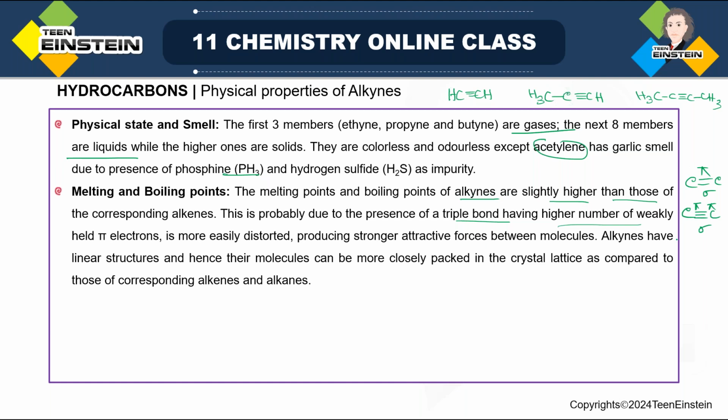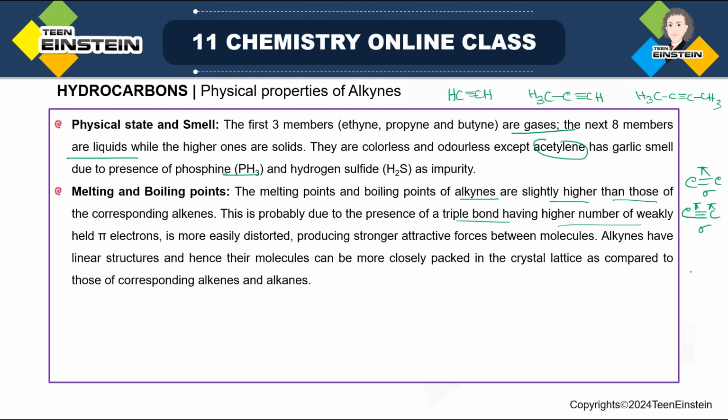So they will produce stronger attractive forces between molecules. Weakly held electrons means their movement is in a flowing condition. So when it is so, stronger attractive forces will be generated. That is, polarity generation will be easier, when electrons can move from one side to another side.